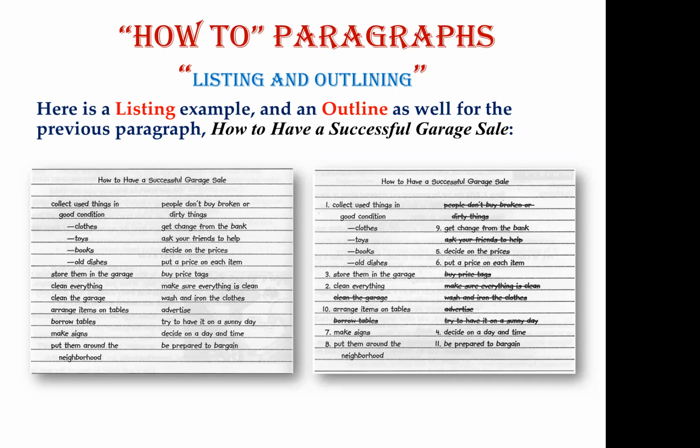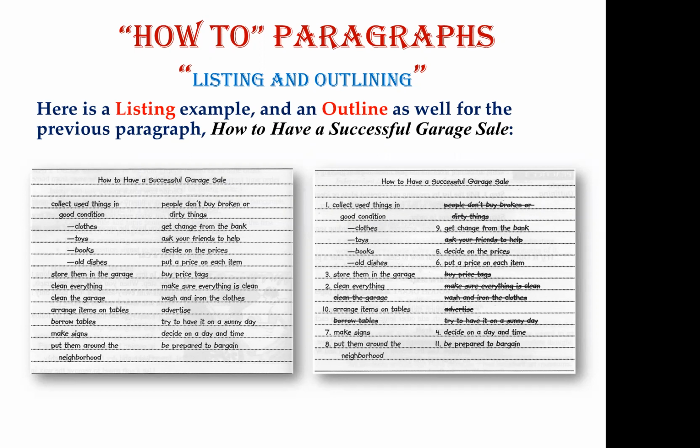Borrow tables, there is no need to tell the reader to borrow some tables. I told him just arrange items on tables. And so on. I delete unnecessary things, such as people don't buy broken or dirty things. I found that it's not a necessary idea to be written in my paragraph. So I delete it. Ask your friends for help, buy price tags, etc.